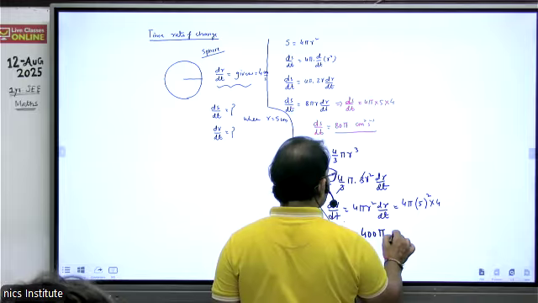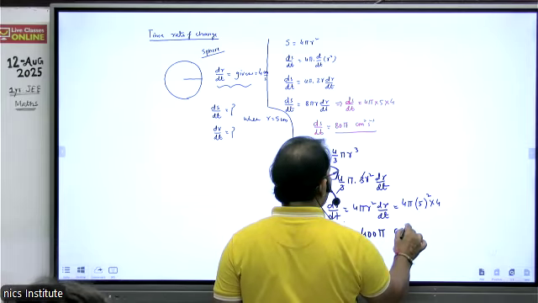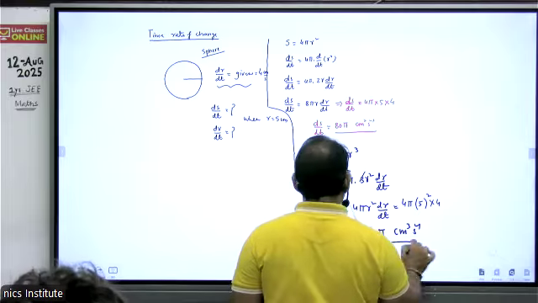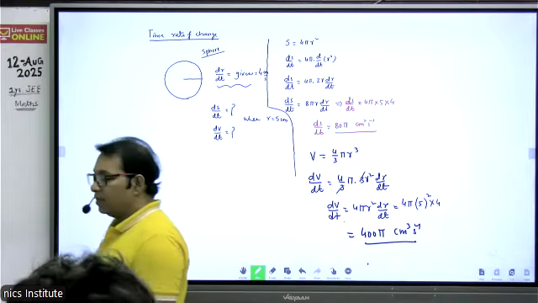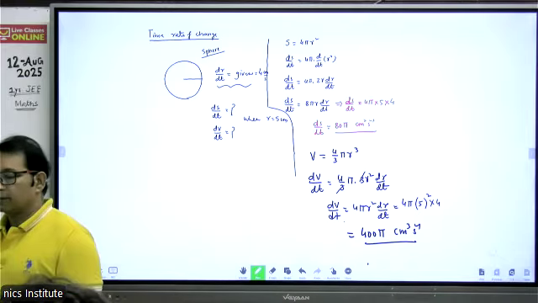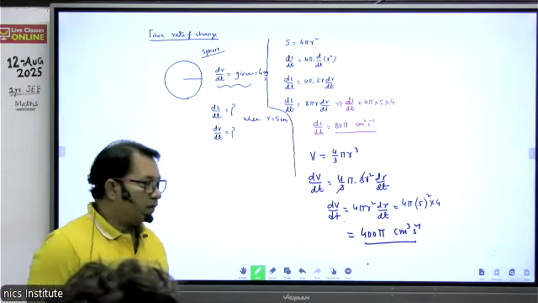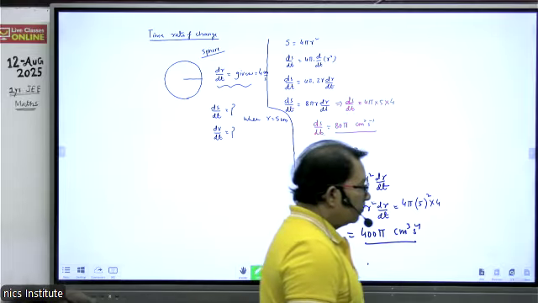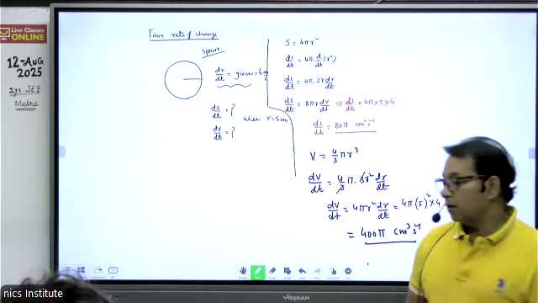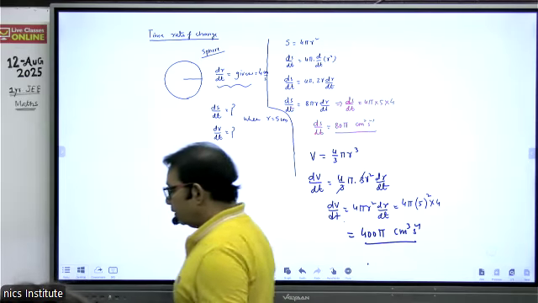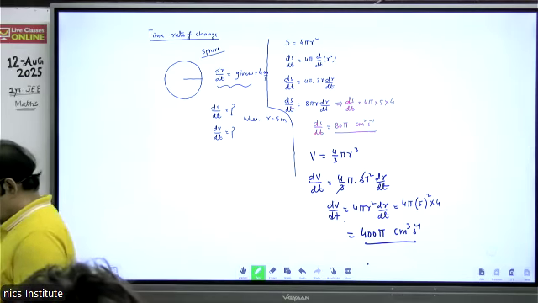Need to write the unit also, centimeter cube per second. So the rate of change of volume with respect to time is so much. So in rate of change questions, you'll be given some rate of change, and then you have to correlate with the quantity you are finding and then solve it.